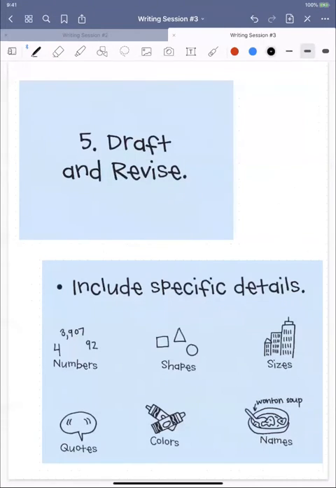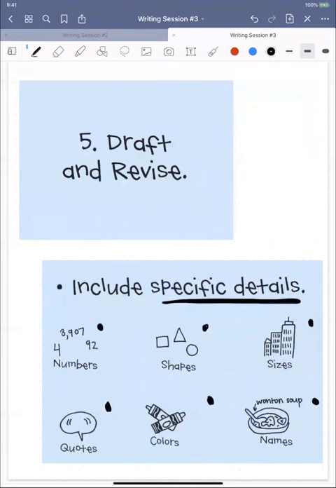With information books, we can do this by writing with specific details. Writing with numbers, shapes, including sizes of things, quotes using exact things that people say, colors, and names.